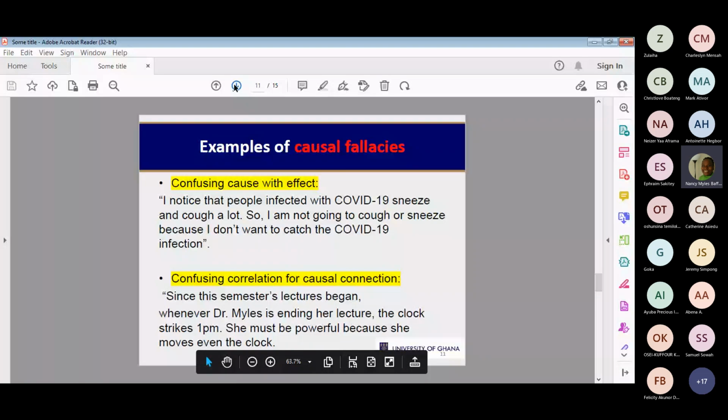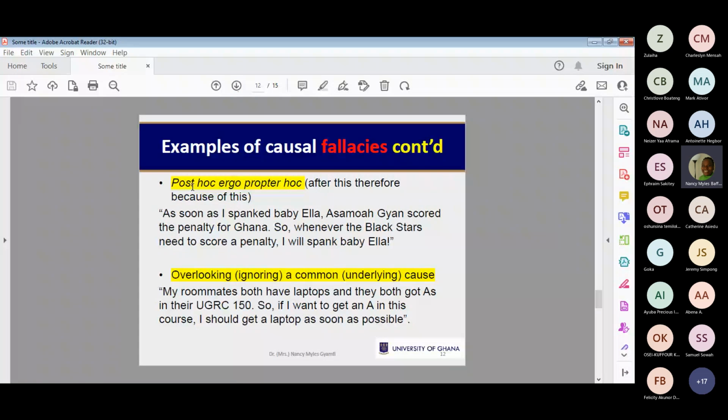So this example here, which I'm sure you have engaged with because I asked you to practice, captures that. That is the post hoc ergo propter hoc thing. This actually did happen. It's just the child in question that I can't make out. I think it was Michael, the first child, or maybe Ella. But one of my little ones was bothering me. And that day Ghana was playing. I couldn't rest. Asamoah, one of our fine footballers, was going to play a penalty.